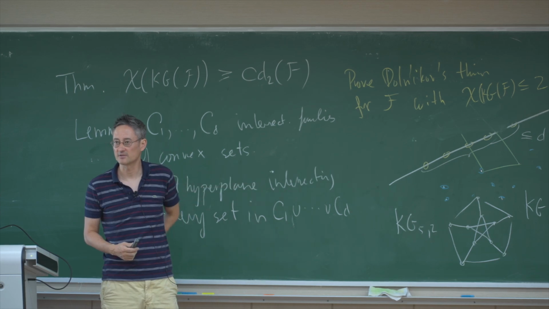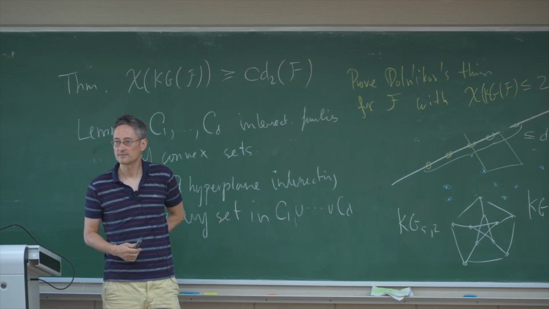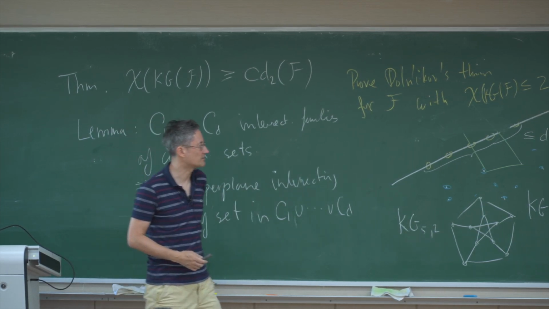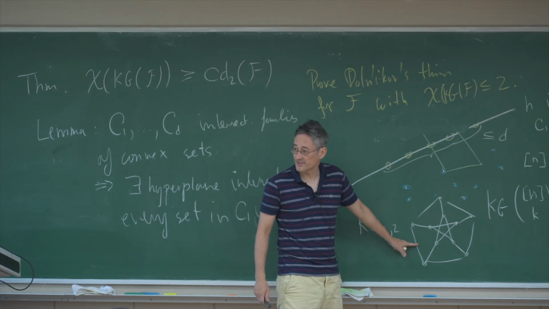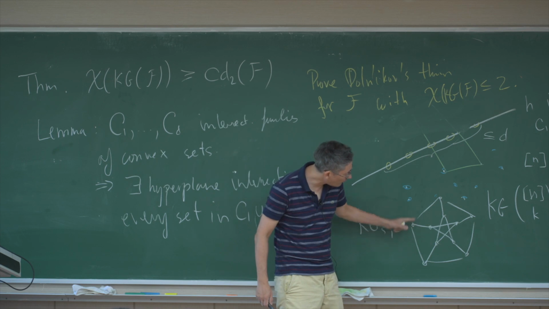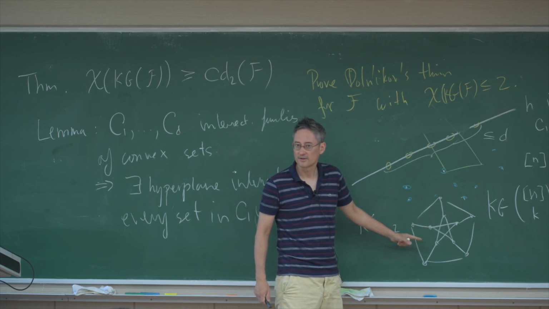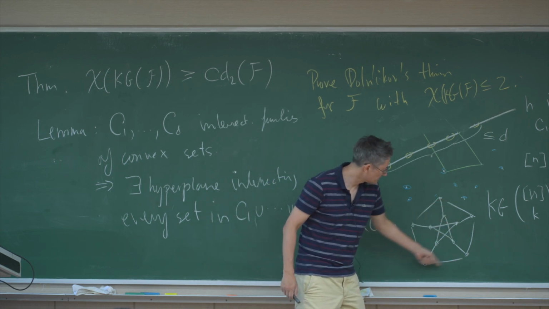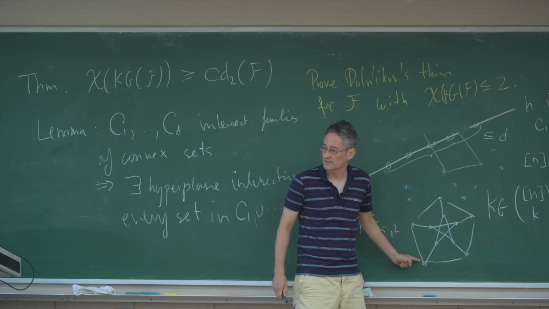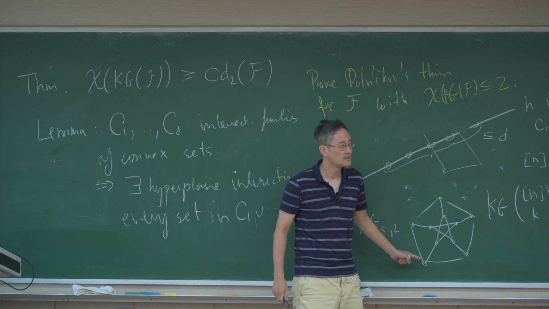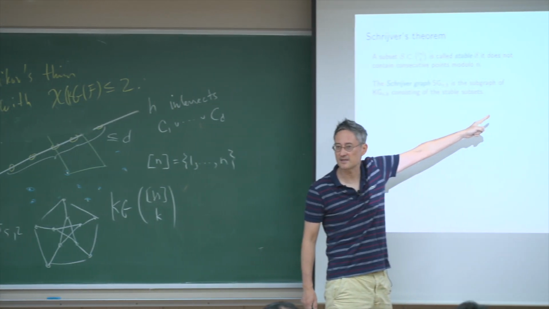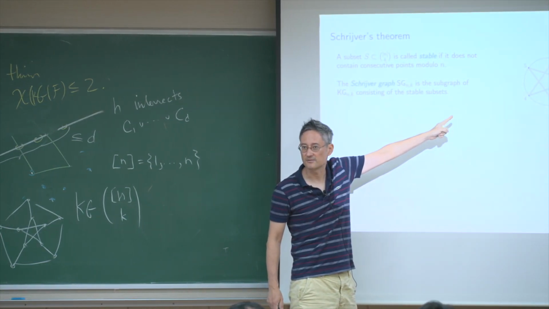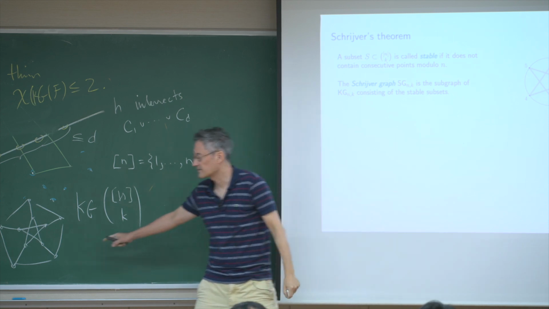You just get the 5-cycle. Now we showed already that the chromatic number of this is 3. But why was the chromatic number 3, not 2? Well, it was because there was a 5-cycle, an odd cycle. And Schrijver's theorem says the Schrijver graph SG(5,2), which is precisely just the 5-cycle, has the same chromatic number as the Kneser graph.